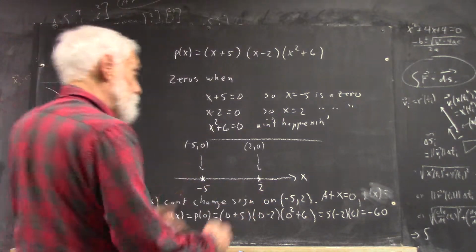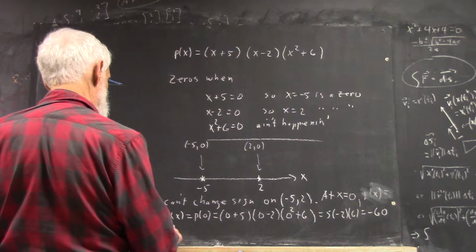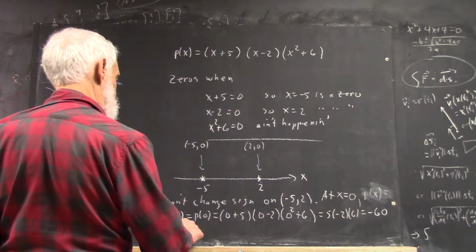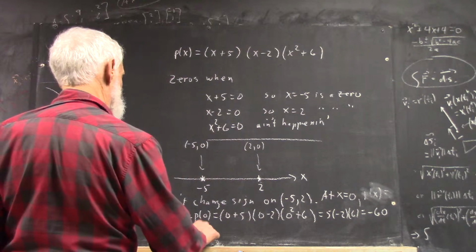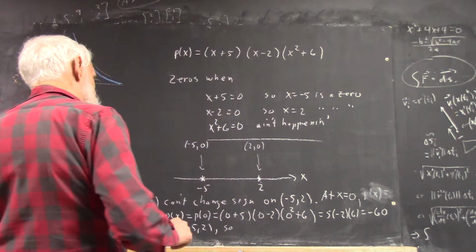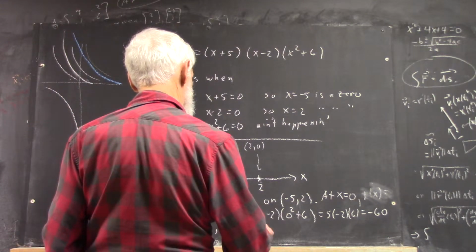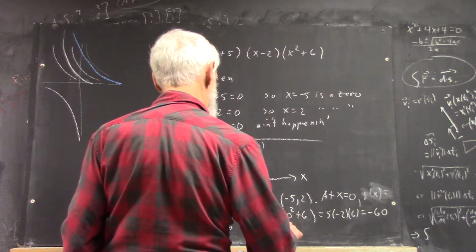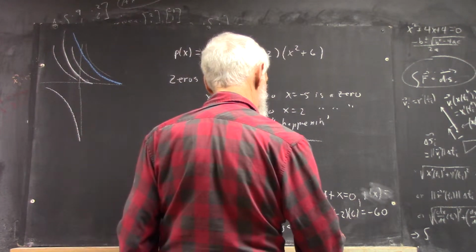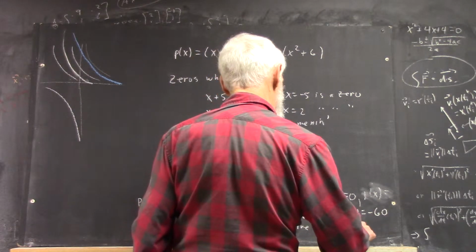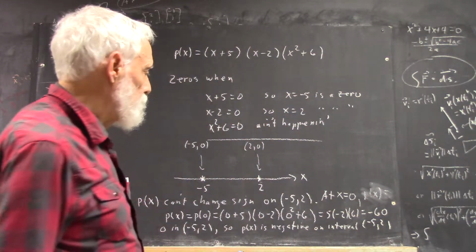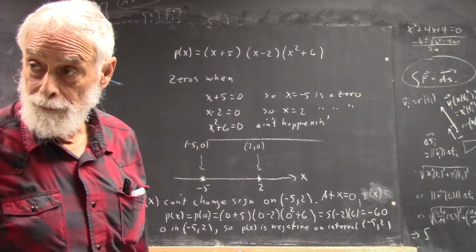So, P of 0 is negative 60. Zero's in the interval from negative 5 to 2. So P of x is negative on the interval from negative 5 to 2, right?